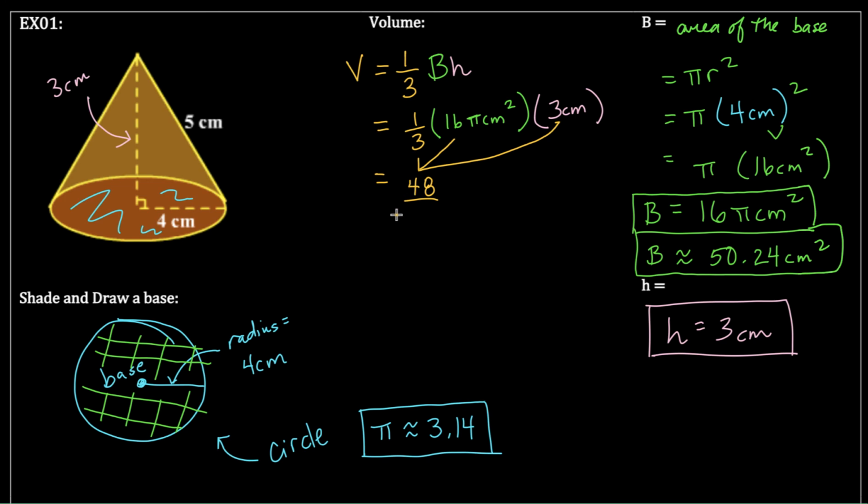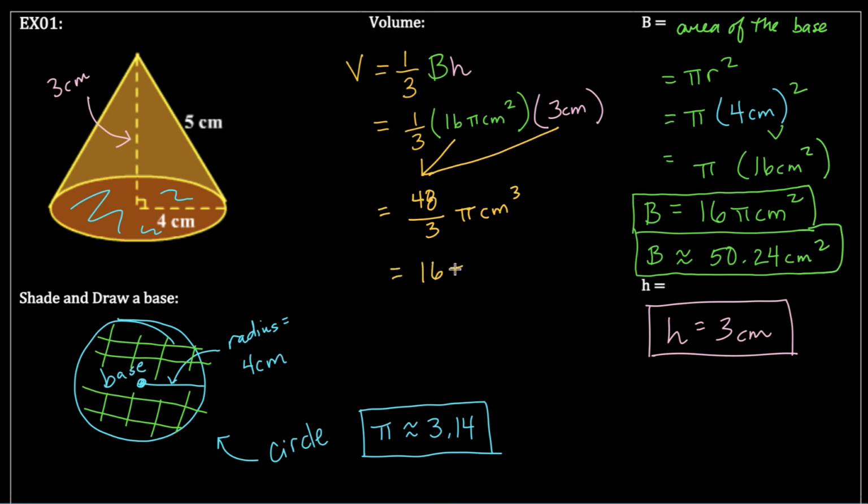So you get equals 48 over 3 pi centimeters cubed. Now, one might think that this is simplified, but we can actually divide 48 by 3. Always check. 48 divided by 3 is 16.